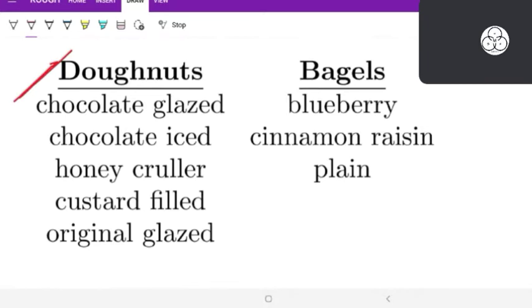So now we are in a sweet shop. These are the varieties of donuts and these are the varieties of bagels. Now we can choose any one sweet.